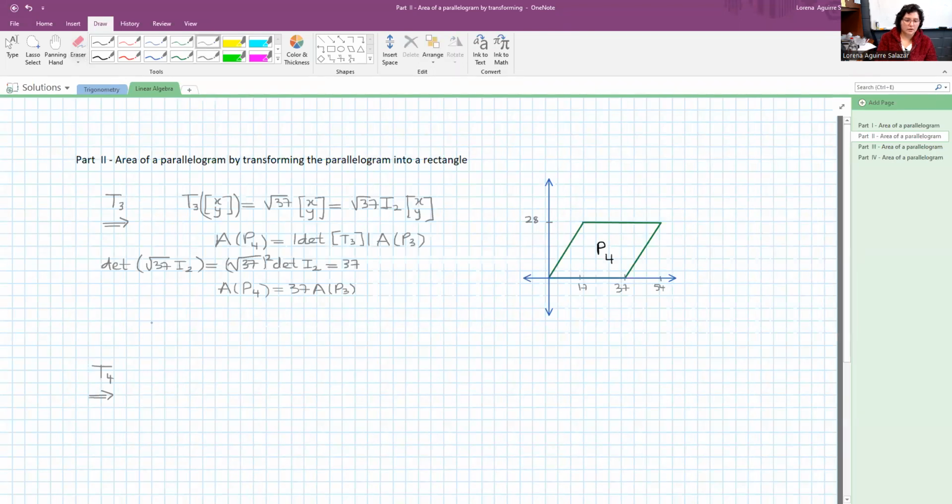You can see T4 as the inverse of another transformation. And the transformation going forward would be the one that doesn't change 1, 0, but the one that maps this vector 0, 28 into the vector 17, 28.